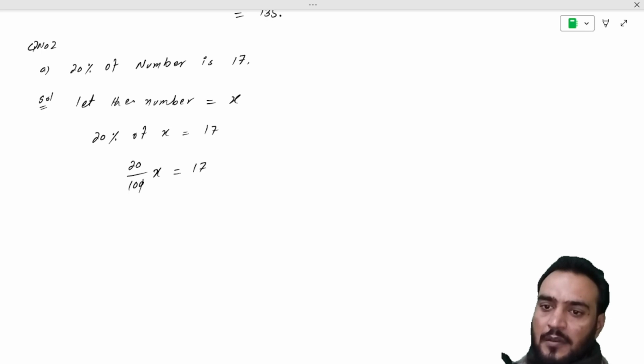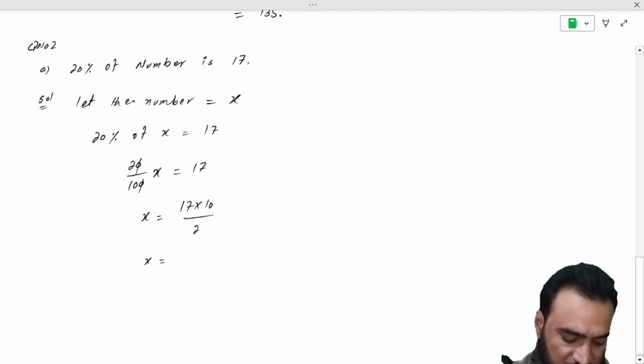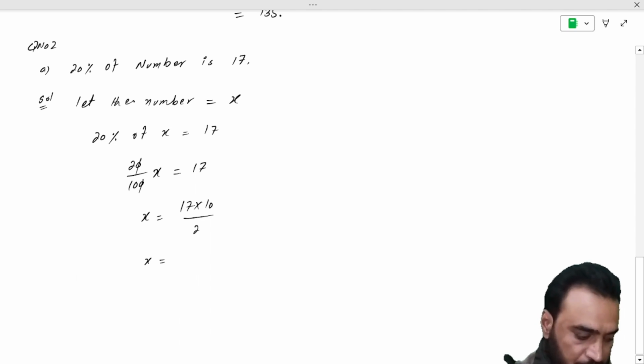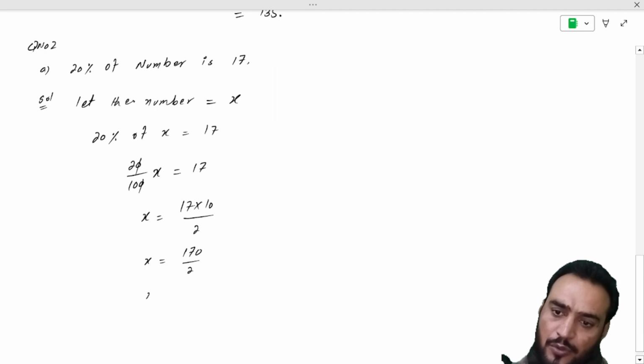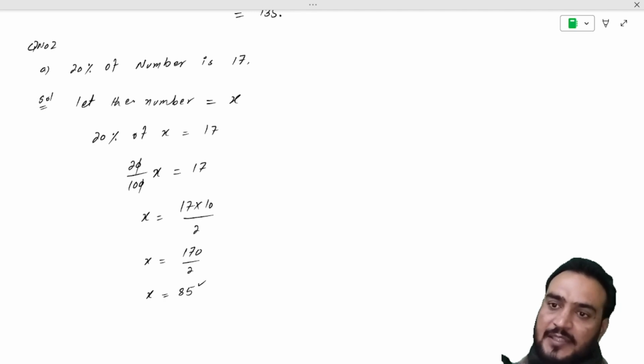So we cancel one 0. The value of x will be 17 times 10 divided by 2. 17 times 10 is equal to 170, divided by 2, and after dividing 170 by 2 we get the number, which is 85. So 85 is the number whose 20% is 17.